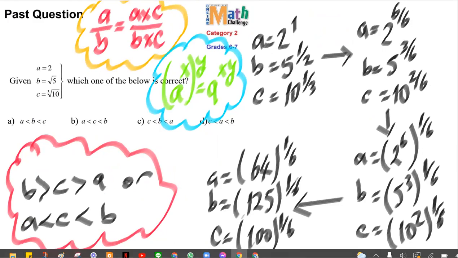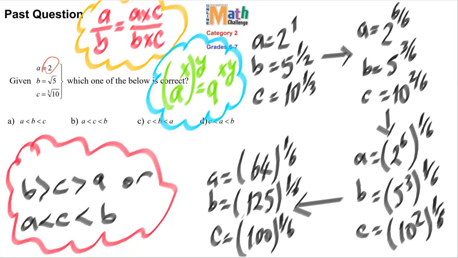So this is our second question. In this question, it's about comparing the numbers. One of them is a natural number or integer. The other 2 are root numbers. Here, degree is 2, square root, and here degree is 3, cube root.